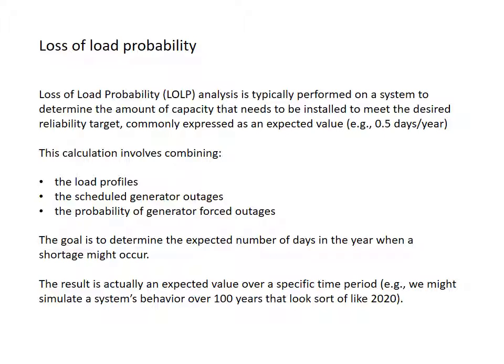reliability target, right? So if you wanted to make sure that at least your system was providing electricity 99% of the time, or 99.5% of the time, or maybe you express it as the number of days per year on average that you experience reliability issues.